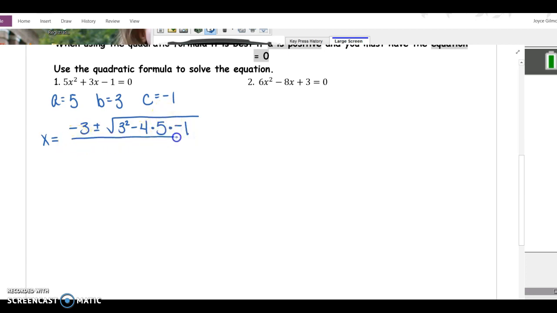The whole thing over 2a, so 2 times 5. Grab your handy-dandy calculator and do the stuff under the square root: 3 squared minus 4 times 5 times -1.